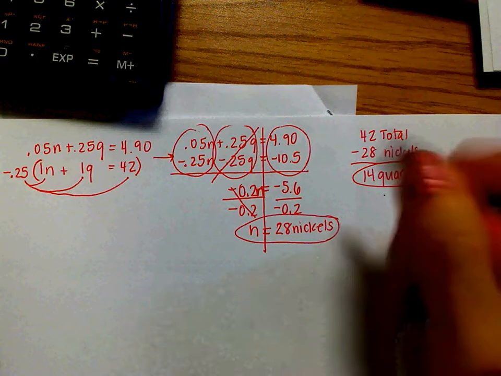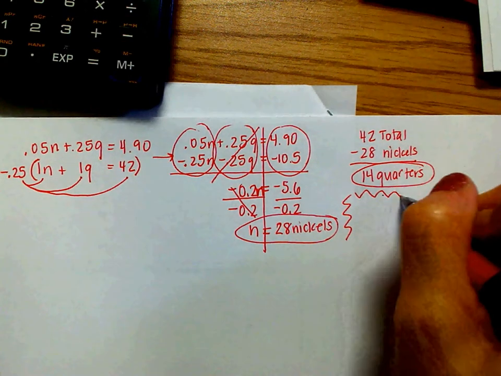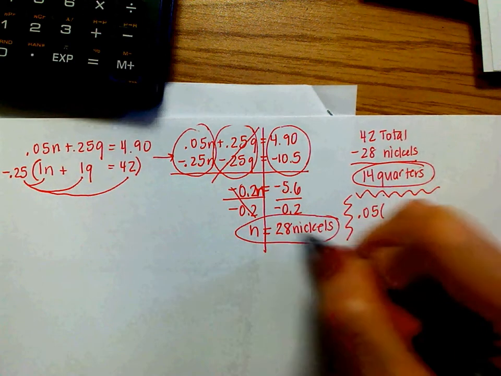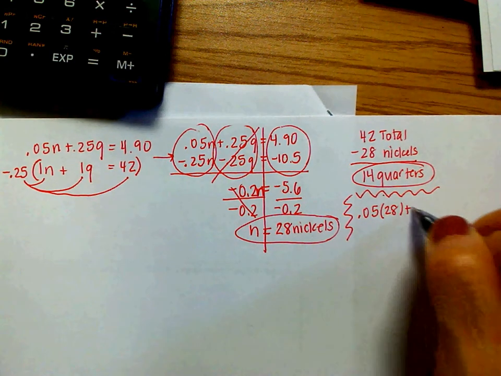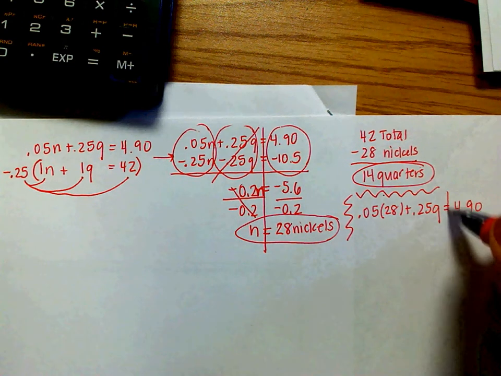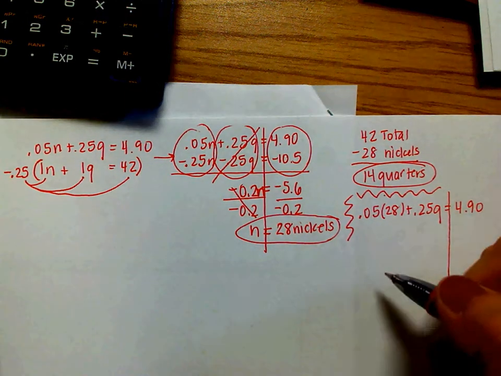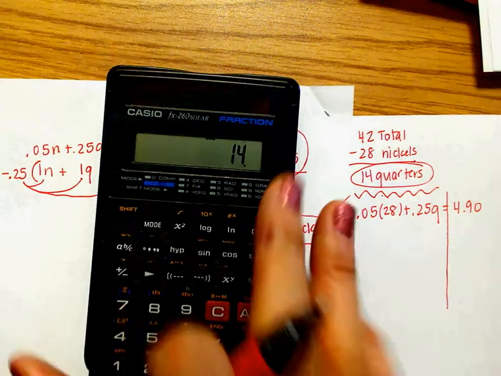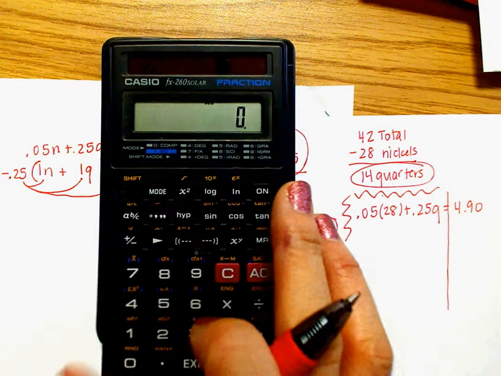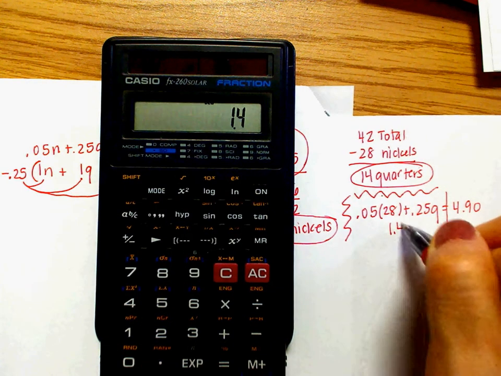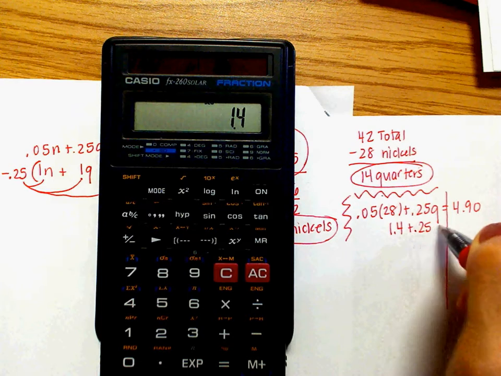So let's say we do it to the top, then you have 0.05 times the number of nickels, which is 28, plus 0.25q equals 4.90. Now I know some of you are like, why are you going to this equation? But follow along, it's good for your brain to see different methods. So 0.05 times 28 equals 1.4 plus 0.25q equals 4.9.